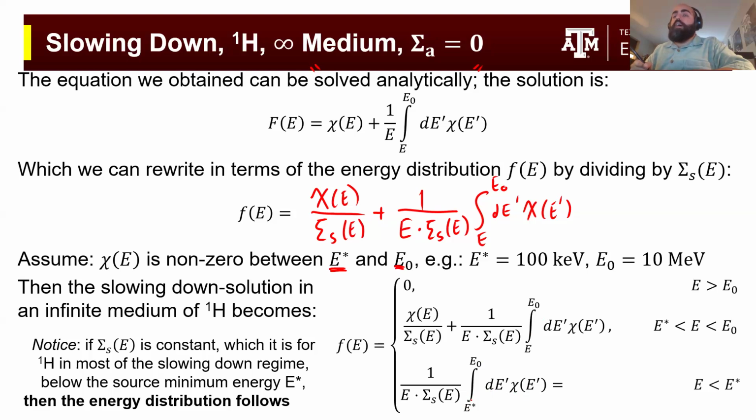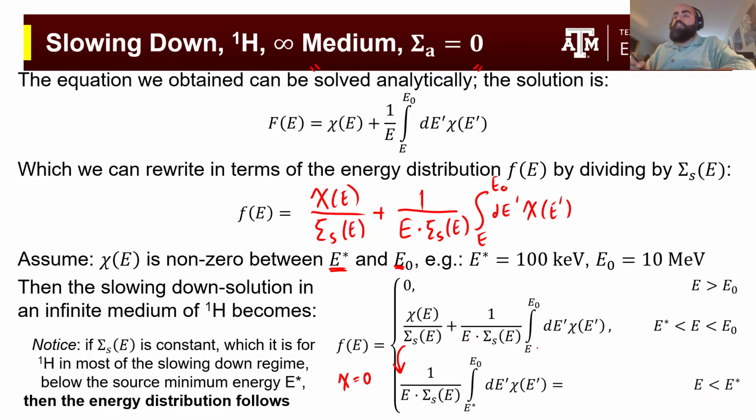Notice how going from here to here, outside of the E star to E0 range, the fission spectrum is zero. So when we go to this part, there's no chi. Chi equals zero in this range, so it's just this term.